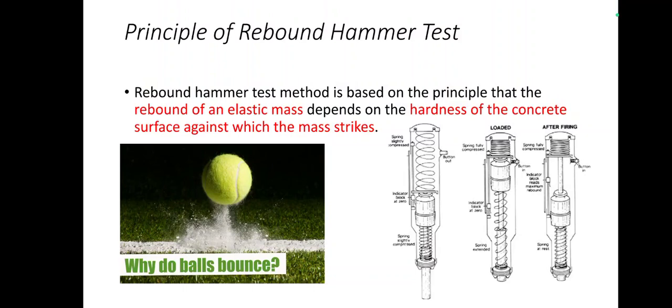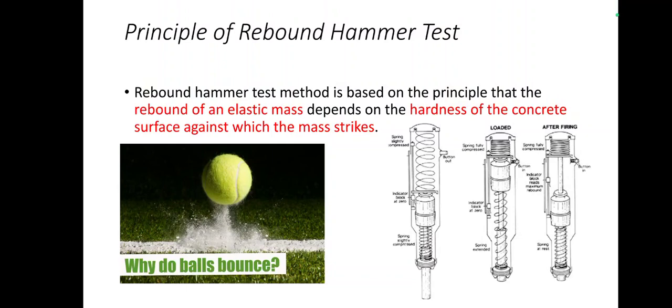You know the concept of rebound. Rebound means whenever any material hits any surface, it will try to rebound, equal and opposite reaction, Newton's third law. Consider a ball. If you hit that ball on soil, the ground, the rebound will be somewhat less.